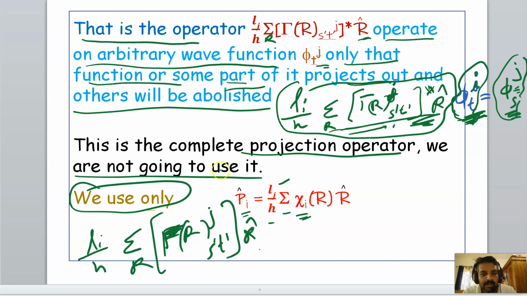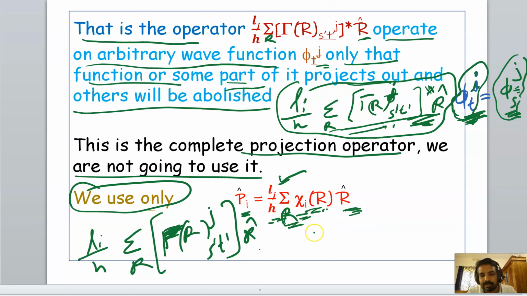Therefore, we can write this complete projection operator in a simpler form: p cap I is equal to Li divided by H, sigma r, chi I r cap. Here chi I r is the character of the operator r multiplied by the operator, and this operates on another function and is summed over all the operators.